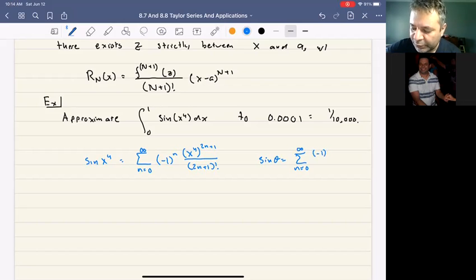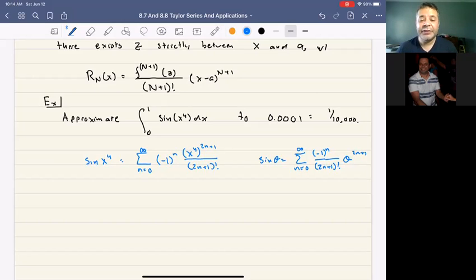Oops, that should have been theta there. We're just replacing theta with x to the fourth.